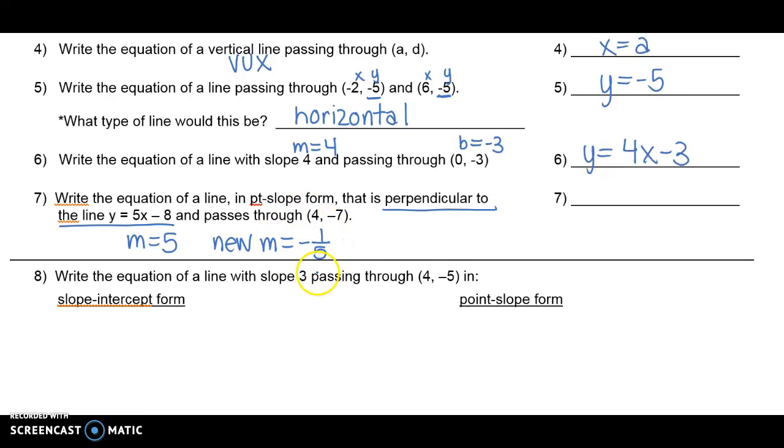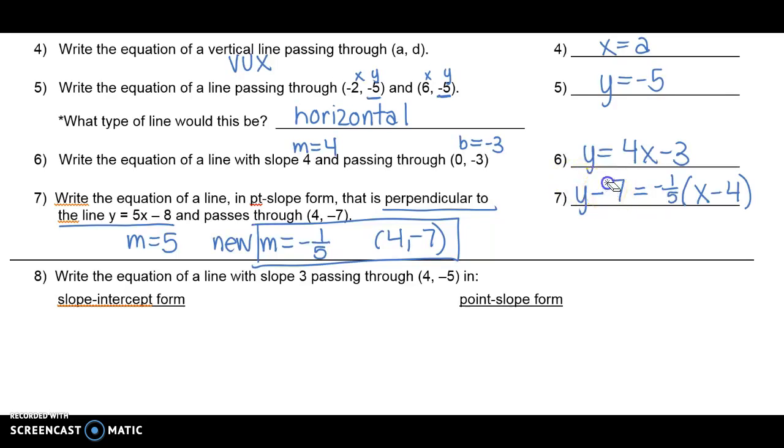The point that this new line is passing through is 4, -7. So this is all my new information. This stuff is what I'll be plugging into my point slope form. So y minus y1 equals my slope, parentheses x minus x1.